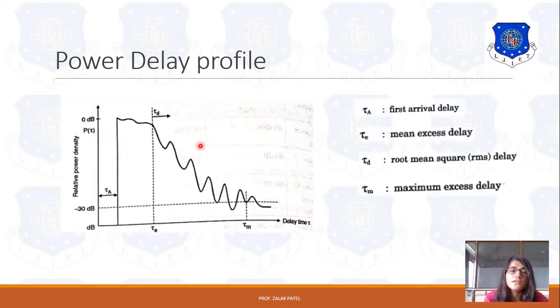Tau A is called the first arrival delay, meaning the start time. Tau E is called the mean access delay, and we will see these definitions in the next slides. Tau D is the root mean square, meaning RMS delay time. Tau M means maximum access delay. We can calculate tau M, tau D and tau E with the help of the first arrival delay time. So let's see each one of them.